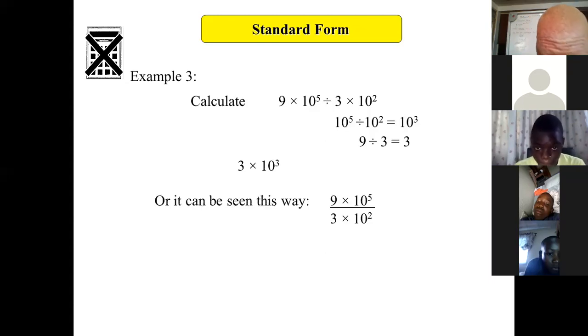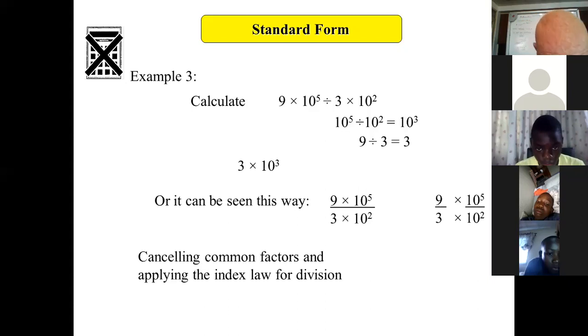Now, you can also write it this way. Look at this one, it even makes it look beautiful. So you have this, and then you can get your answer like this, 9 over 3. You can see how we are solving it separately.